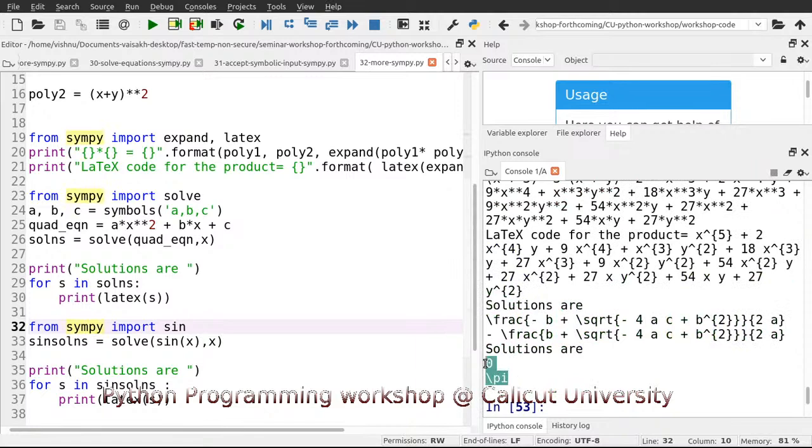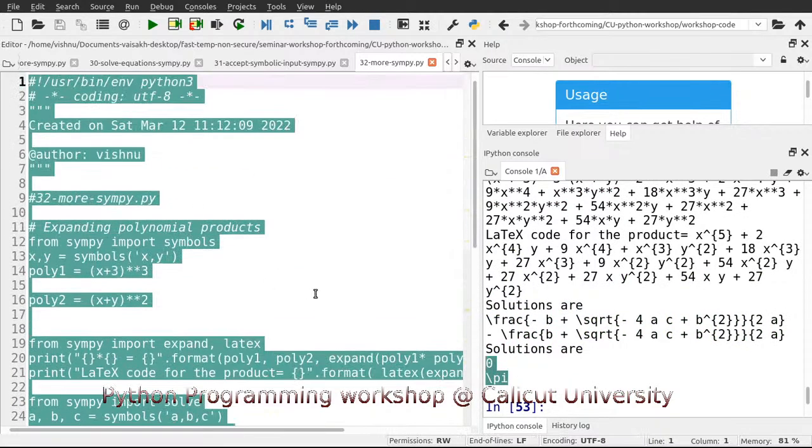See that solutions are appearing as backslash pi corresponding to pi. So this is the good thing with using LaTeX functionality in Python.